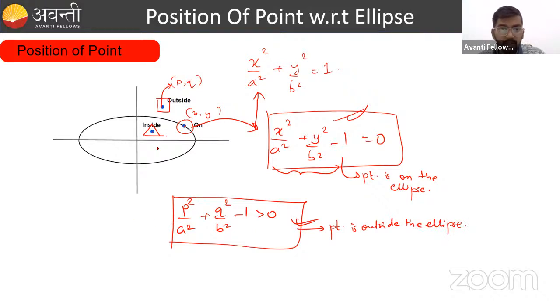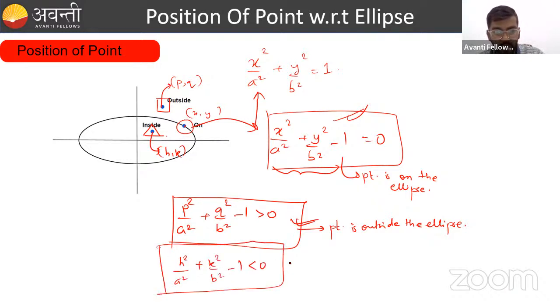Similarly, for the point (h, k), h square by a square plus k square by b square minus 1 will be negative, and then the point is inside the ellipse.